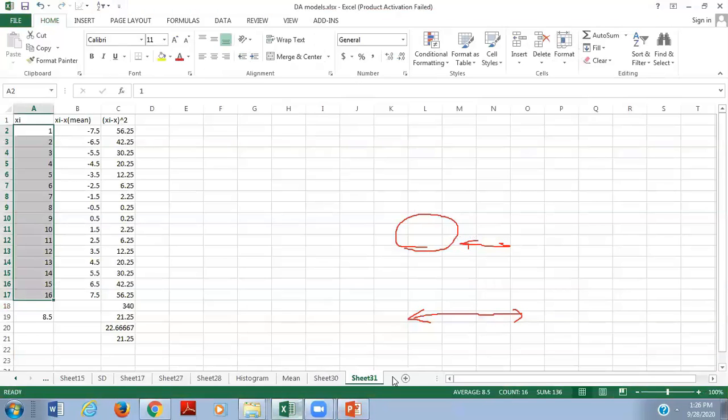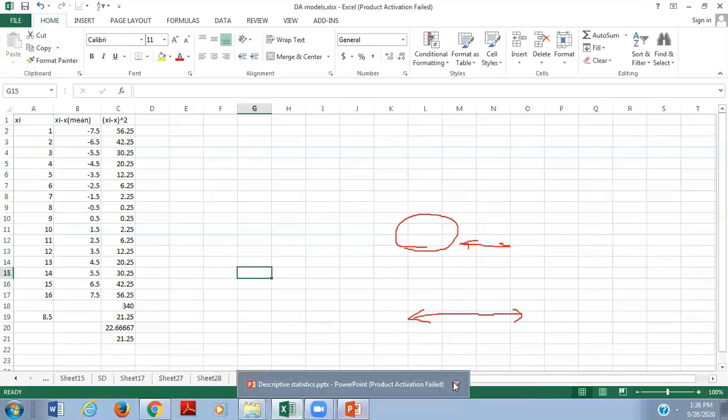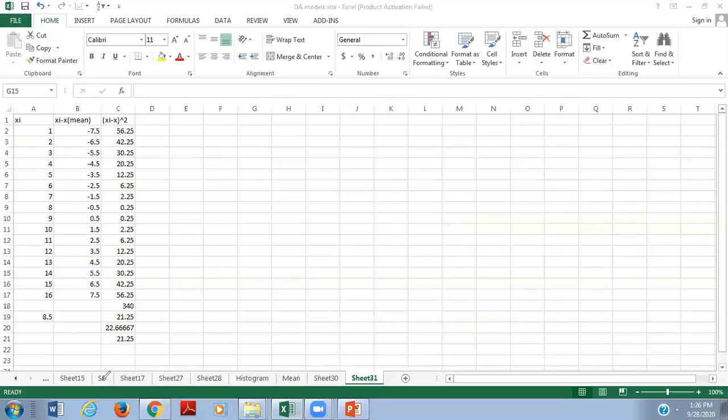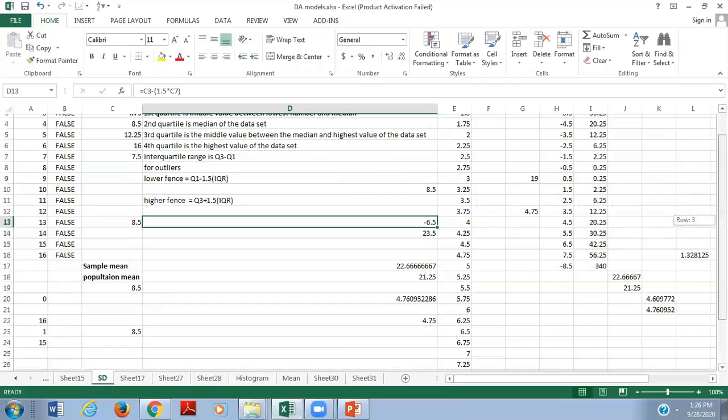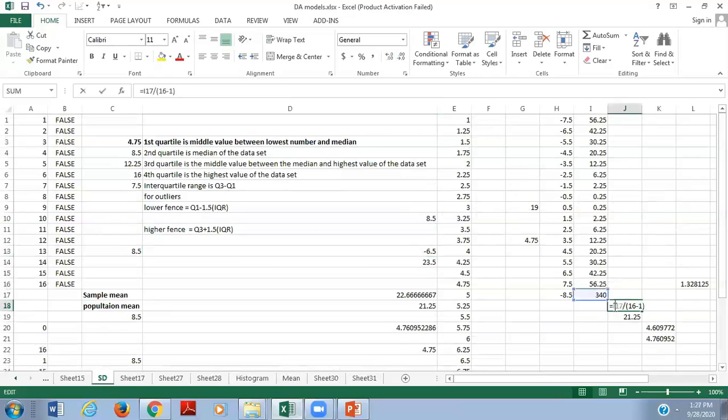In the Excel, I have already calculated. Now, this is what I did. Okay. The only thing is we now have to take the square root of the particular value.